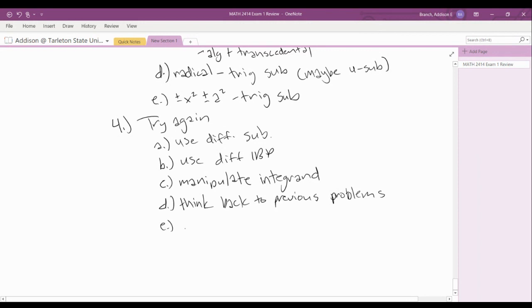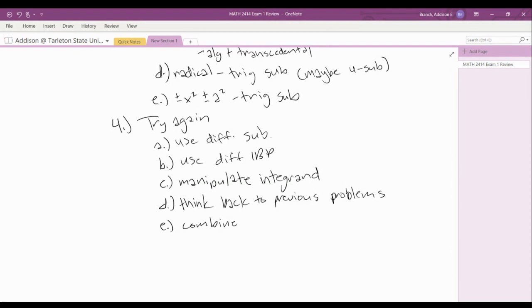And lastly, part E would be to just combine methods. As we saw earlier, you may have some situations where you do a trig sub and a u-sub, or you may have to do partial fractions and trig sub together. So that's just my main thing, almost make a mental flowchart of, okay, here's what I have, here's the format I have.